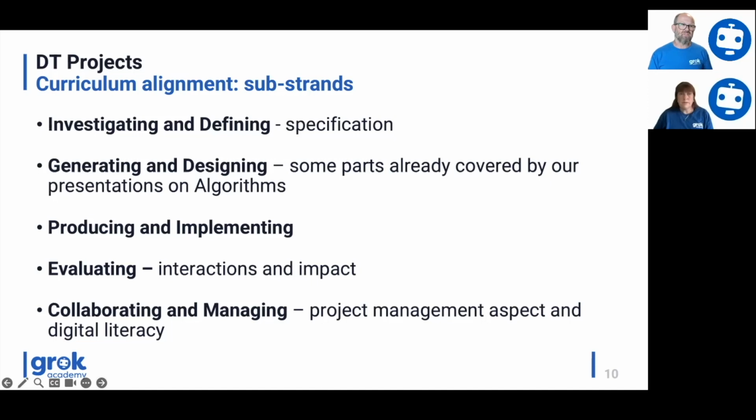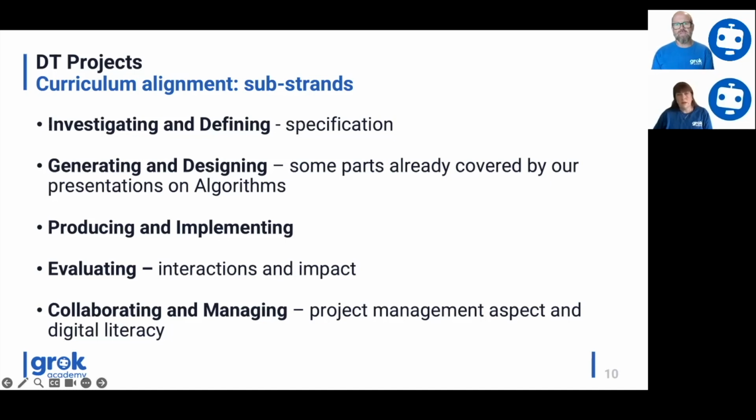Producing and implementing is also another algorithm phase, where you're actually taking your algorithms that you designed and creating a digital product. It also can be linked really nicely to design and technologies phases as well, if you're actually creating something physical that is going to be an interface for the digital solution that you've created.